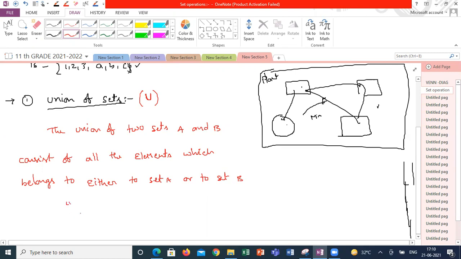It is denoted by A union B and is read as A union B.